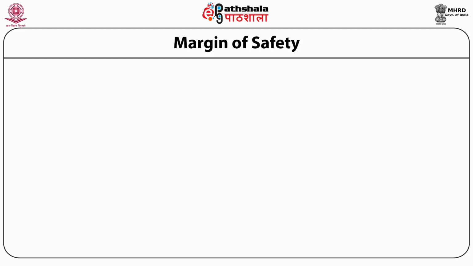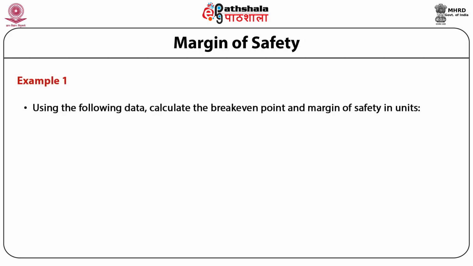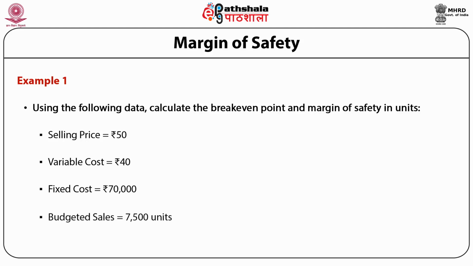Now we will understand how to calculate the margin of safety with an example. Using the following data, we can calculate the break-even point and the margin of safety in units. We have the selling price, that is 50 rupees, variable cost 40 rupees, and the fixed cost is rupees 70,000, and our budgeted or actual sale is 7,500 units.